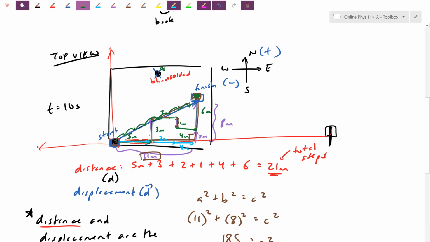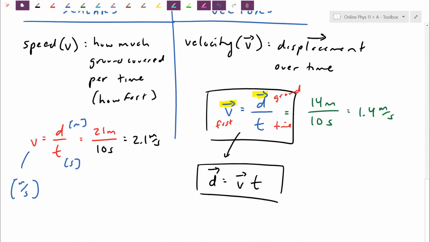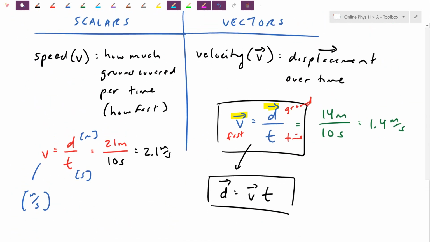If I physically walked 21 meters worth of distance, for me to get 21 meters of ground covered in 10 seconds, I need to be traveling at an average speed that's a little bit higher than the average velocity. Again, we see a difference between scalar and vector, because the vector has direction, whereas the speed doesn't have direction.